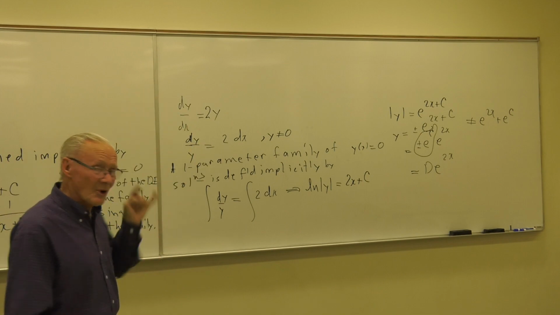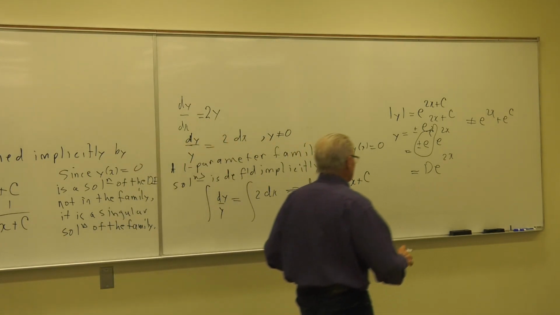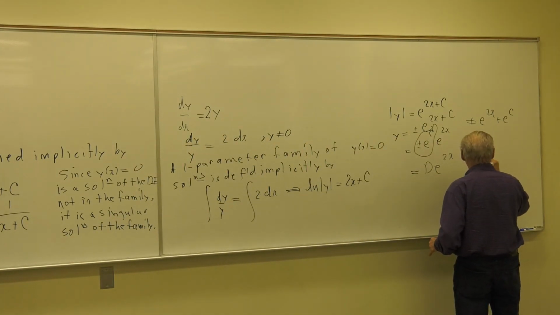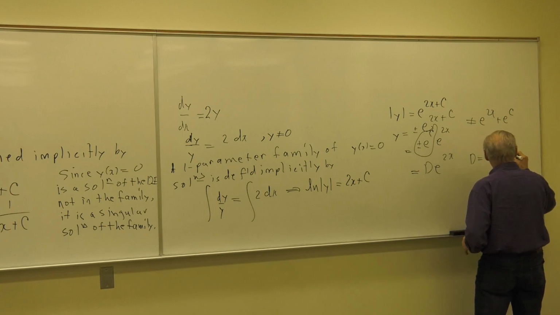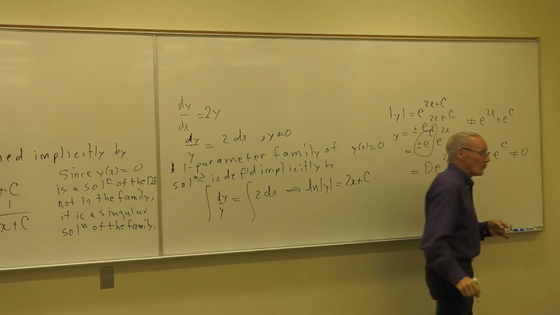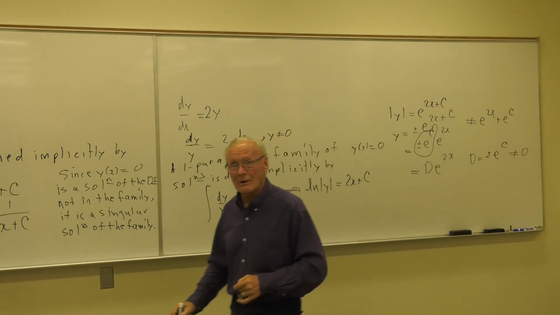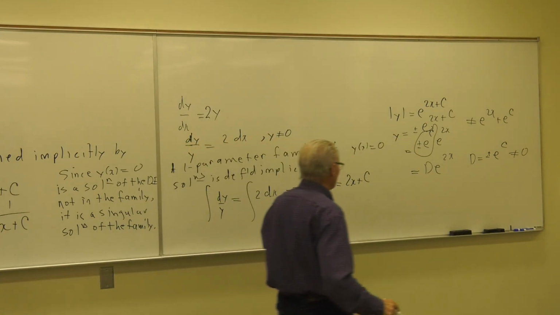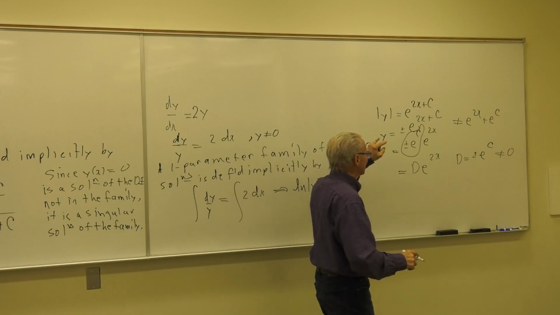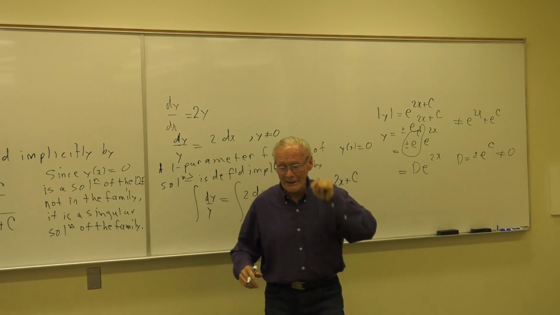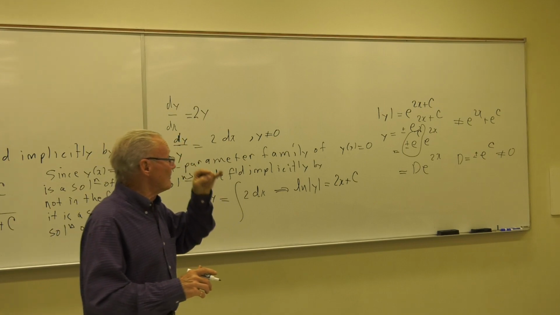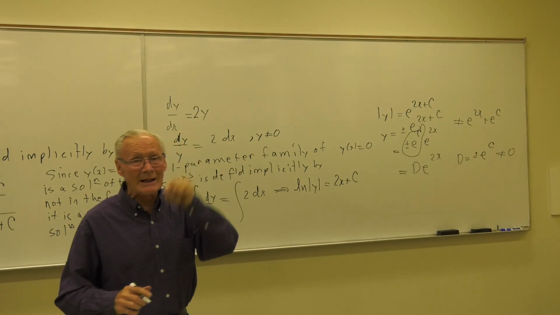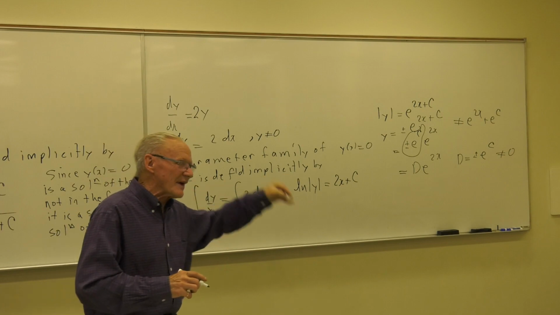But I'm going to say, no, you can't, because d is equal to plus or minus e to the c, and that cannot be 0. No matter what c is, d is not 0. So y of x equals 0 is a solution, and he's not in my family. Therefore, at the moment, he's a singular solution of my family.